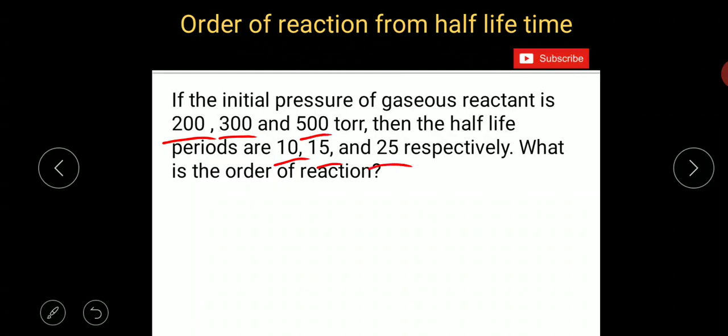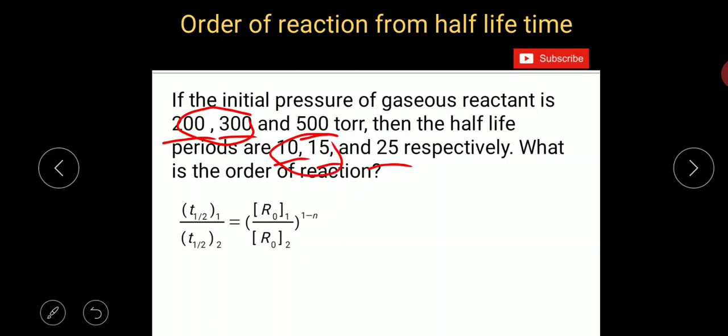If the reactant is a gas, in terms of concentration we can use pressures also, and this is the formula we can use to find the order of reaction. I am going to take only the first two values, 200 and 300, 10 and 15.